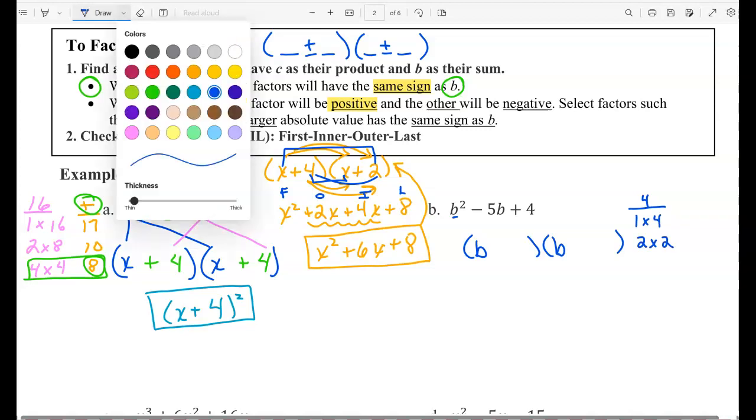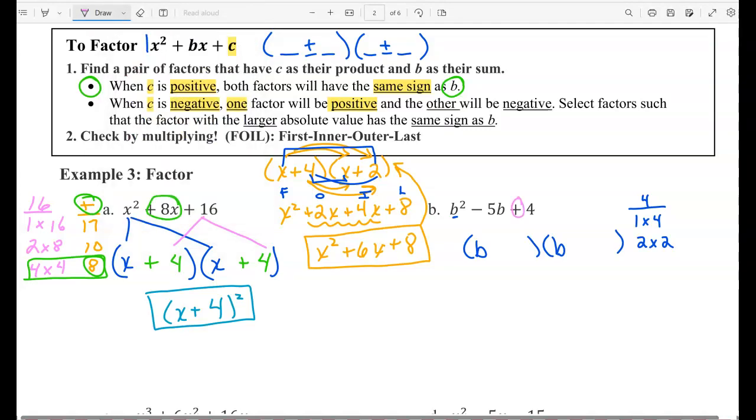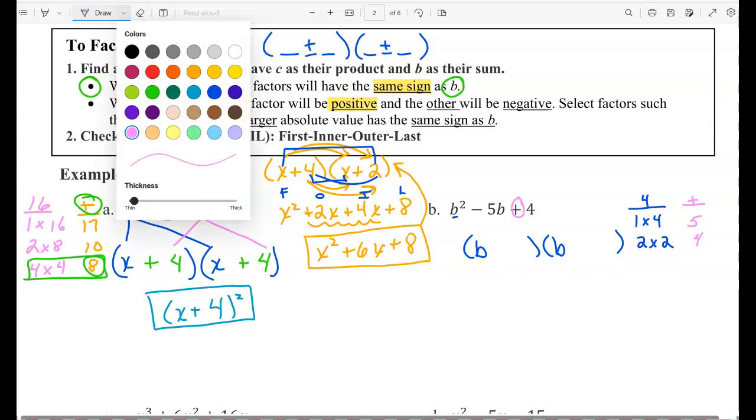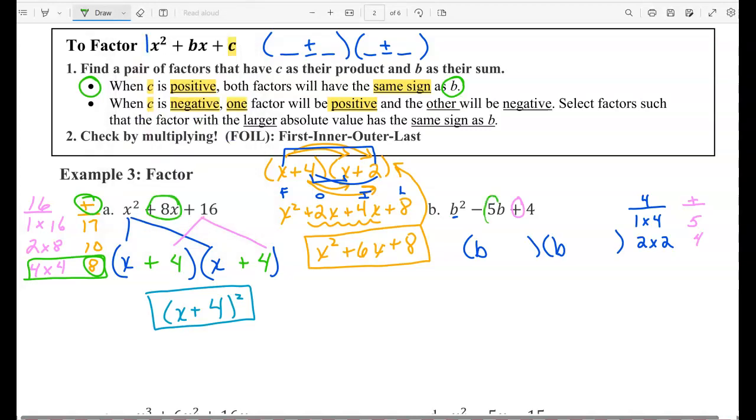I then have to think about adding those factors together as well. So 1 plus 4 is 5, and 2 plus 2 is 4. And I'm looking to match the 5.